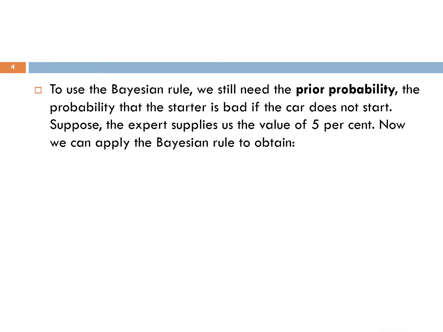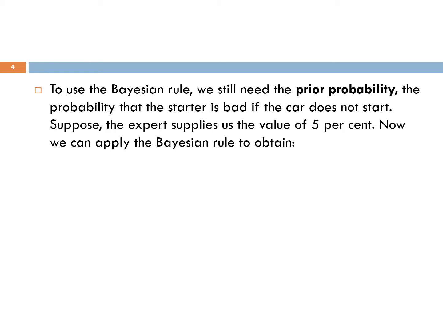To use the Bayesian rules, we still need the prior probability, where the probability that the starter is bad if the car does not start is supplied by the expert. The value is 5%.